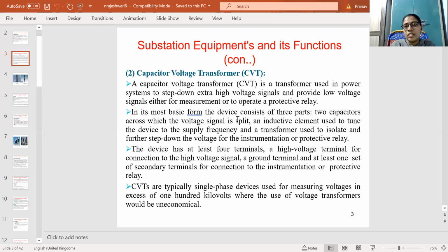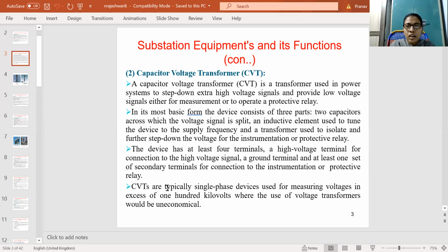The device has at least four terminals: the high voltage terminal for connection to the high voltage signal, a ground terminal, and at least one set of secondary terminals for connection to the instrumentation or protective relay.